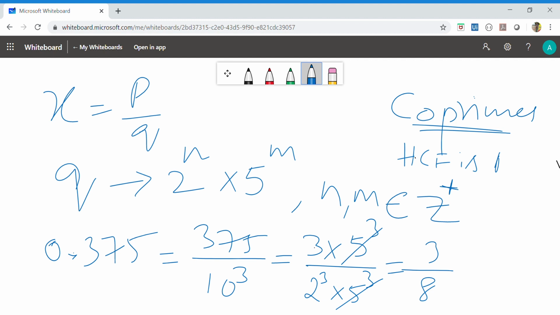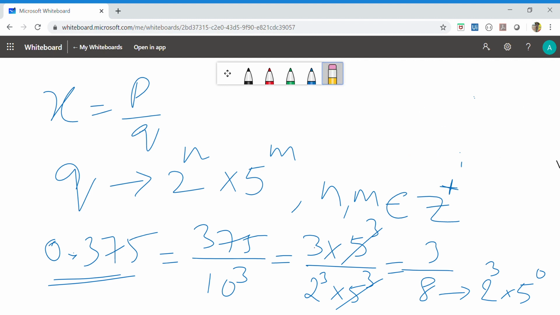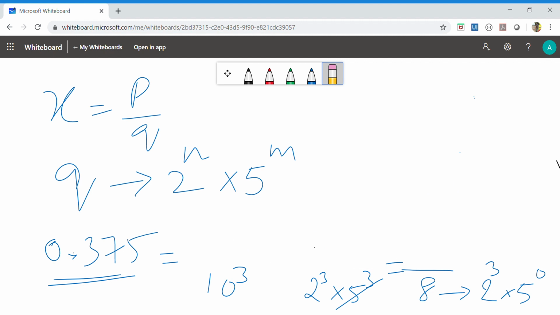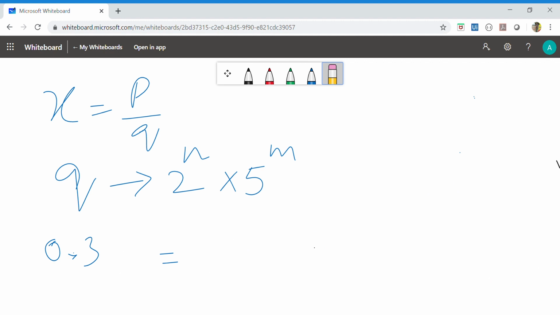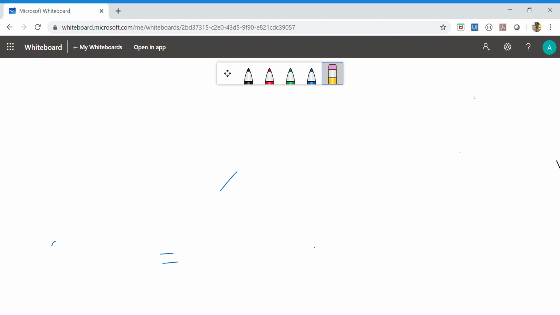So 3 by 8 is a fraction, and q's factors are 2 to the power of 3 into 5 to the power of 0. It is in this form, so whose decimal expansion is 0.375. It is a terminating decimal. All terminating decimals have denominators in the form of 2 to the power of n into 5 to the power of m, where m and n are non-negative integers.